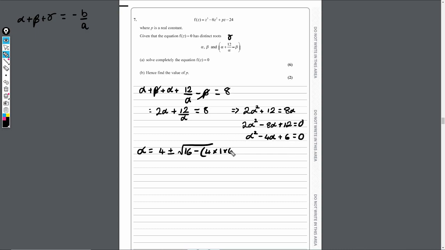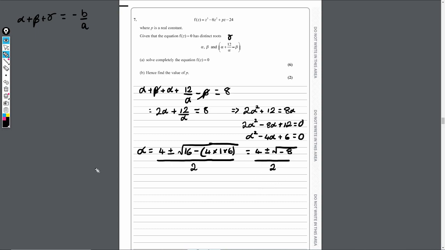So 4 times 1 times 6, and we can close the bracket. And this is all over 2a, where a is equal to 1, the coefficient of alpha squared here. So that's 2 times 1, which is 2. Let's keep simplifying. It's going to be 4 plus or minus the square root of 16 minus 24, which gives me the square root of minus 8, and this is all divided by 2.